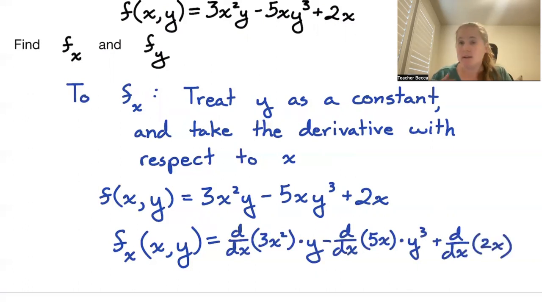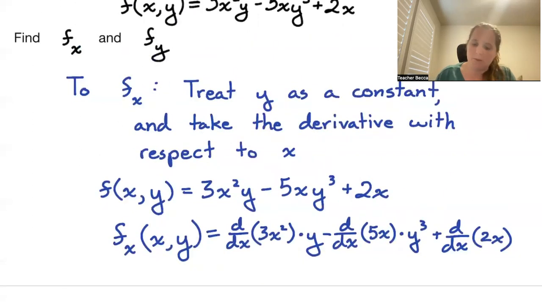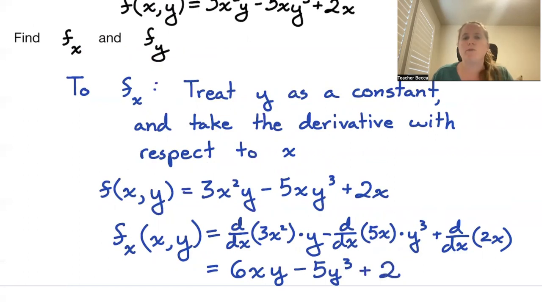So the y is literally just coming along for the ride as a constant. So this becomes 6x times y minus 5 times y cubed plus 2 as our partial with respect to x.